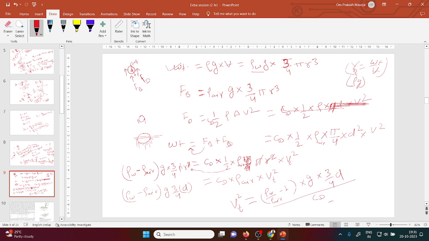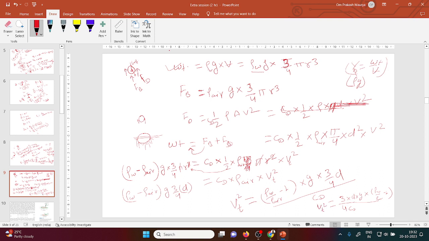So these things we will apply in this equation. So finally, the equation is 3 by 4 CD into D into G into rho W by rho air minus 1, which is Vt square.